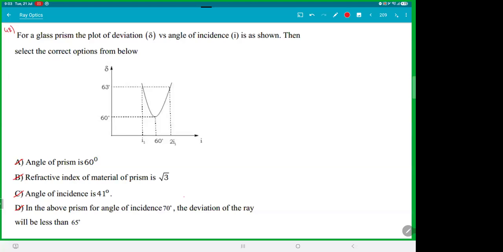No, ABC is not the answer, they're just randomly marked. Try. This is a good one. So you have to take the graph and from there you have to figure it out. Think.